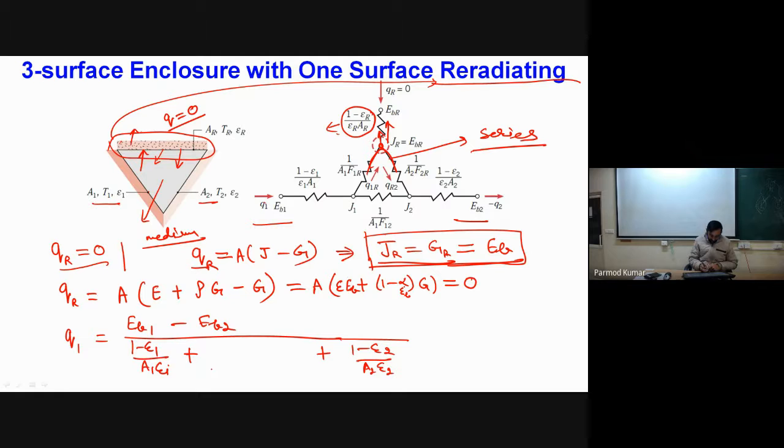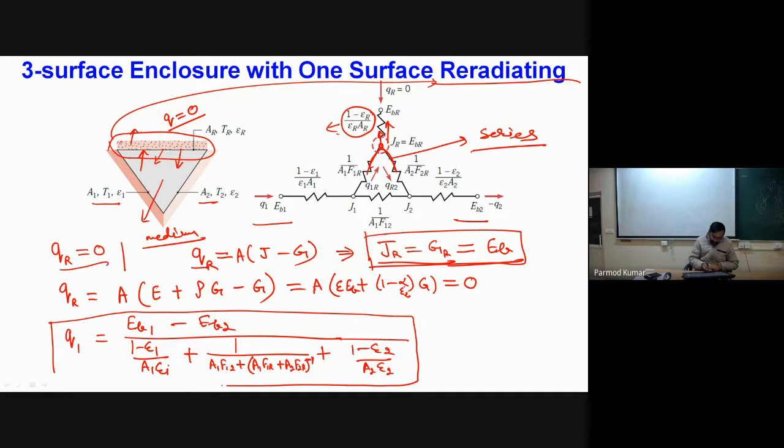Can you tell me the resultant over here? The resultant will be 1 divided by A1 F12 plus the inverse of A1 F1R plus A2 F2R. If you do the calculation, you will find this as your final equation. Can you do it on your own? This is very simple. These two resistances you have to consider as series, and after that, these will become parallel.